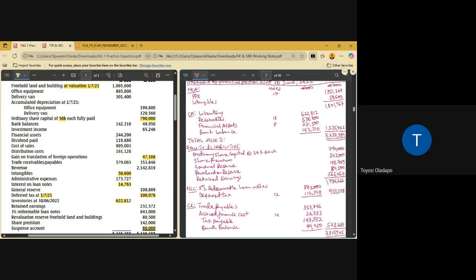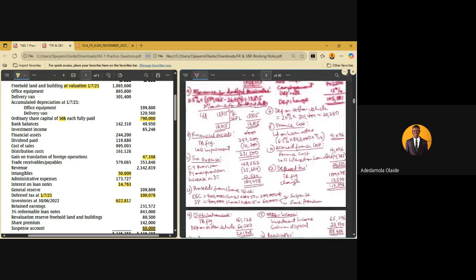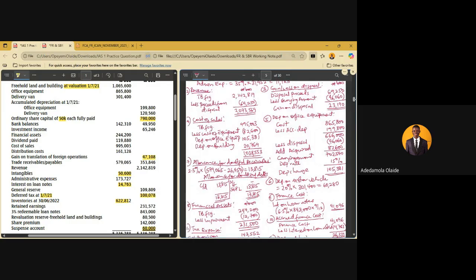What's the value for dividend again? 119,880.